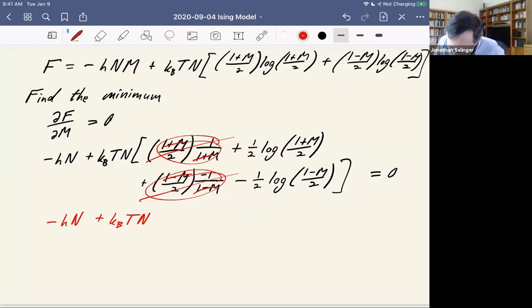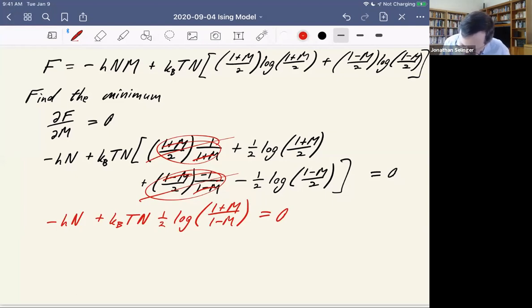Times 1/2 of the difference of those logs. And the difference of the logs is the log of the ratio. So 1 plus m divided by 1 minus m, right? That has to equal 0.